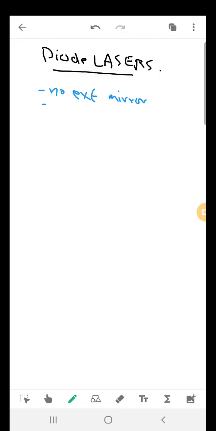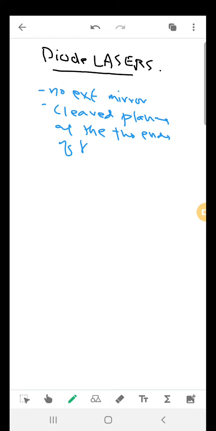The cleaved planes at the two ends of the waveguide essentially provide the required reflection for the cavity. So this is done by the cleaved planes at the two ends of the waveguide.